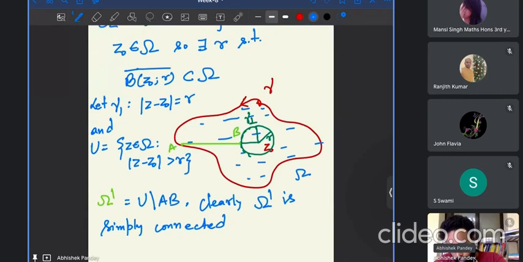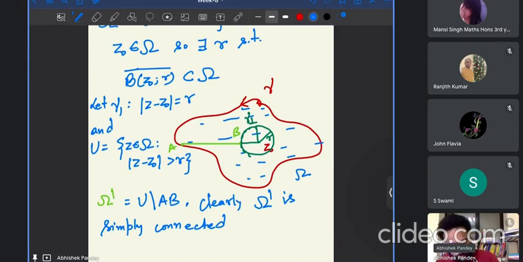Okay, so omega dash is basically u minus AB. Yeah, I hope it is clear now. So this is simply connected.